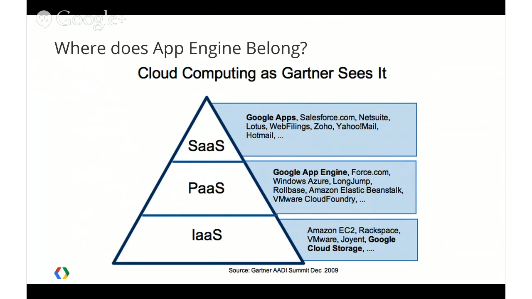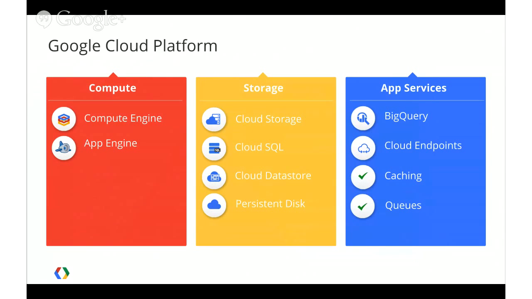Then what people are most familiar with, at least when they think cloud computing, is the infrastructure as a service piece. So clearly Amazon EC2 is up there, but we also have components within the Google Cloud Platform as well, mainly Cloud Storage and Compute Engine. If we look specifically at what the Google Cloud Platform is, we typically think of it as three pillars of services.